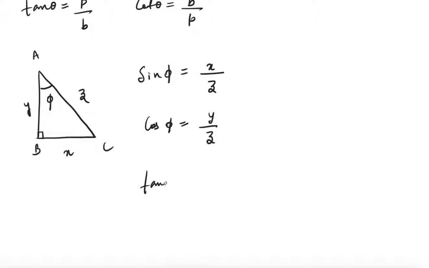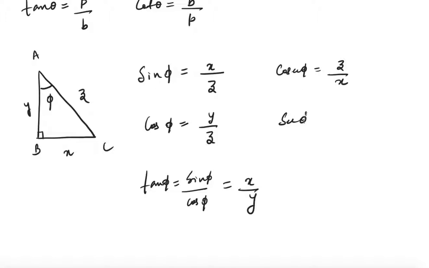Tan phi is nothing but sine phi by cos phi, so it is the ratio between perpendicular and base. This is my perpendicular, this is my base, so this becomes x by y. Cosec phi, now it is easy, reciprocal of sine phi, so z by x. Sec phi, reciprocal of cos phi, z by y. And cot phi, reciprocal of tan phi, y by x.